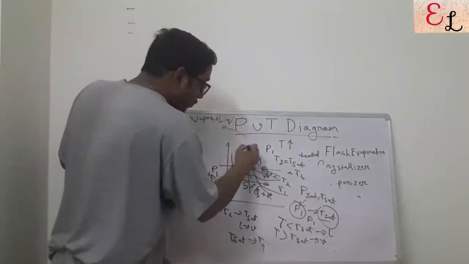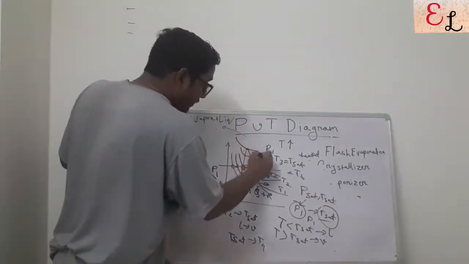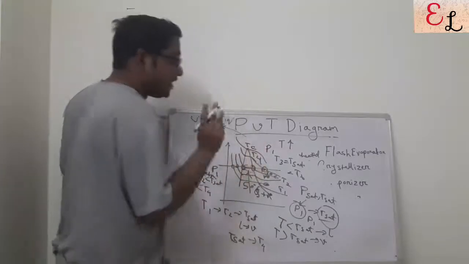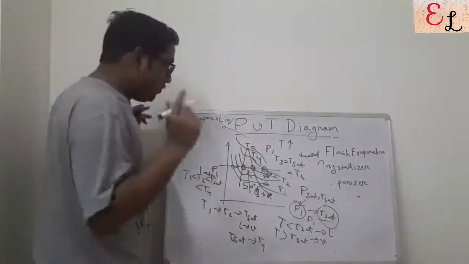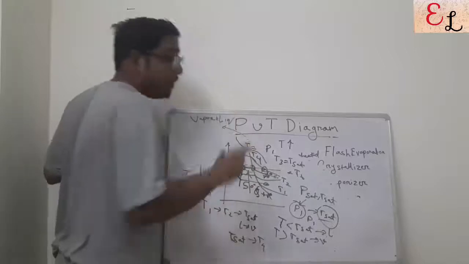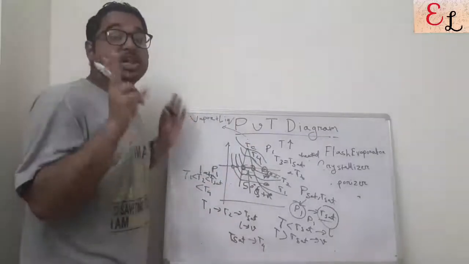Now, what about this point? This is the point where the temperature isotherm is the critical temperature, Tc. Very importantly so, because beyond this point, no further phase change occurs.